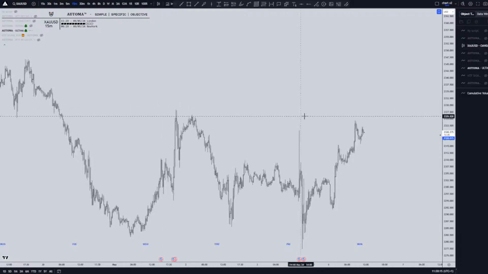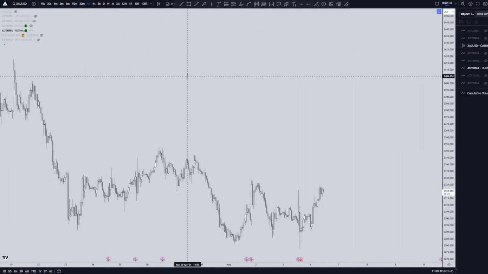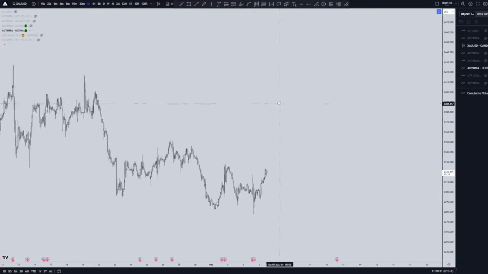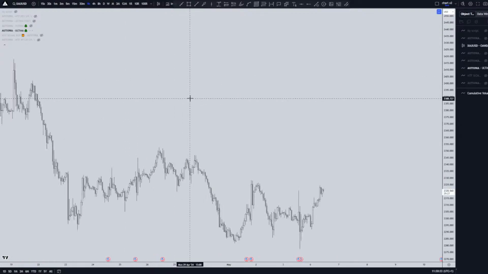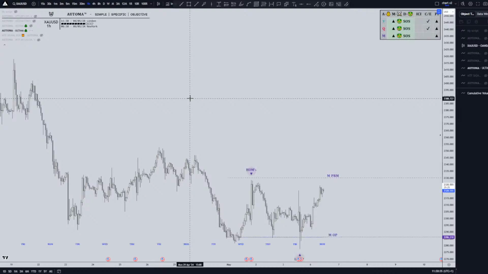If you just quickly show an example of what we mean by the market structure phases, just let it load in.